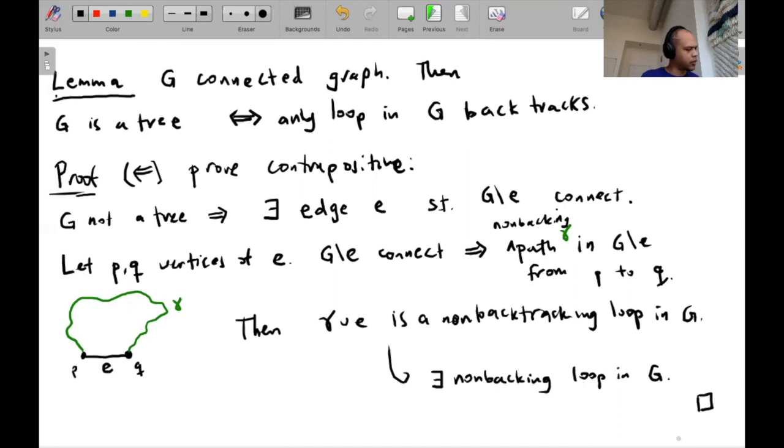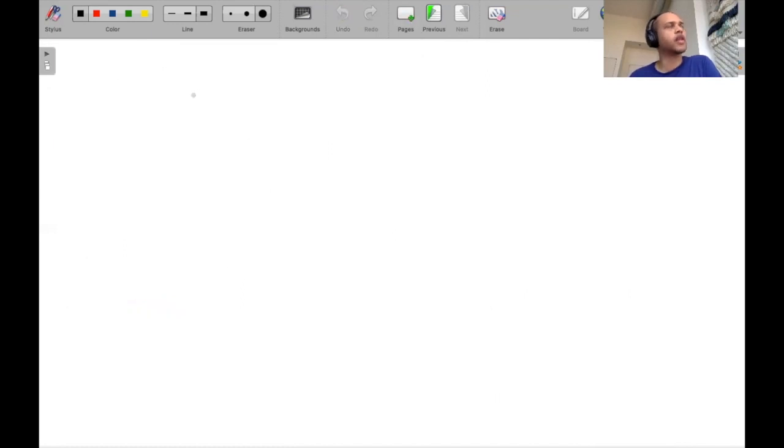Okay, so there's one more thing I want to prove about trees. But before that, let me state one other thing. Let me mention one exercise, which is going to be part of homework 1.